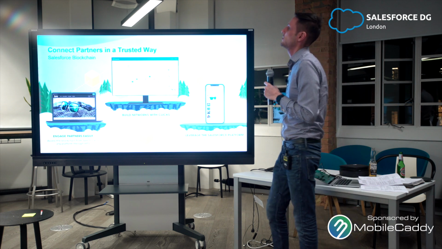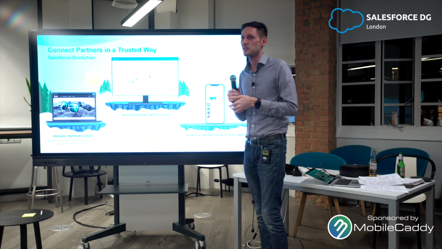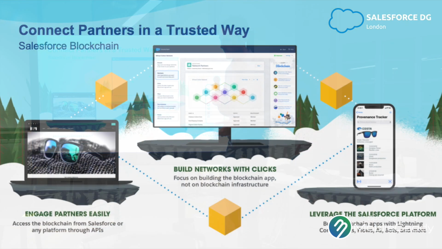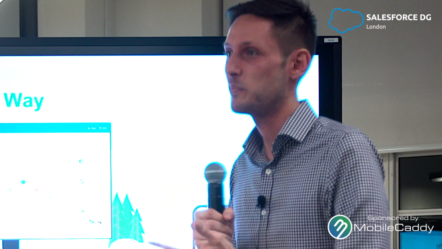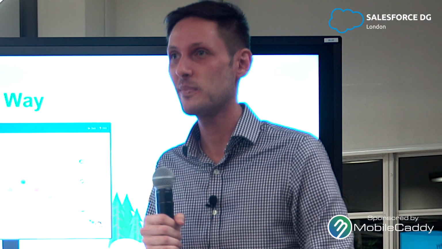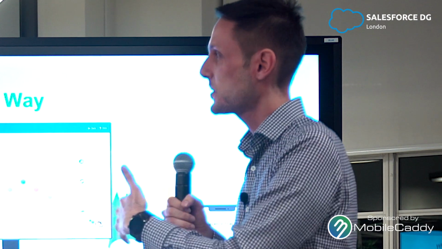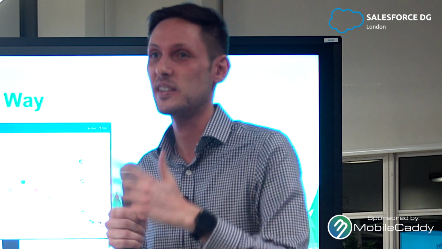And that takes us to Salesforce Blockchain. Now, blockchain, as you know, is a really complex technology to implement, especially when it comes to infrastructure. But what Salesforce have done is the ability for anyone to create blockchain apps and objects. And these Salesforce objects have exactly the same properties as your other Salesforce objects.